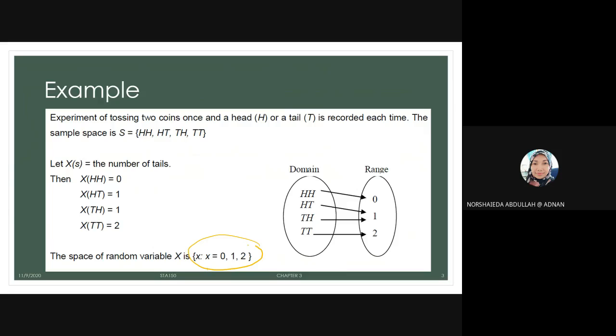Instead of calculating the probability that the first coin is head, or the probability both coins show head, instead of that, we want to study the outcome as a number. So instead of looking at whether the outcome is tail, kita nak tengok berapa number of tail. So yang tu dia jadi random variable.